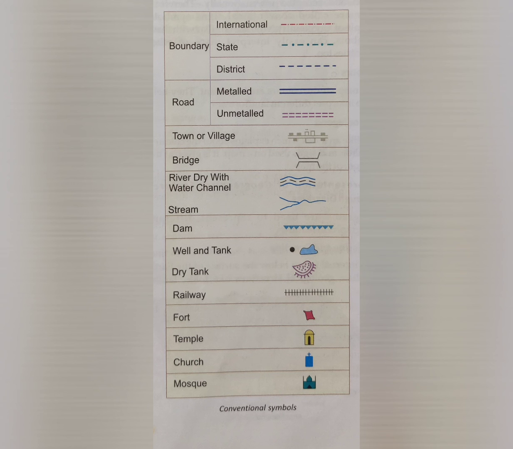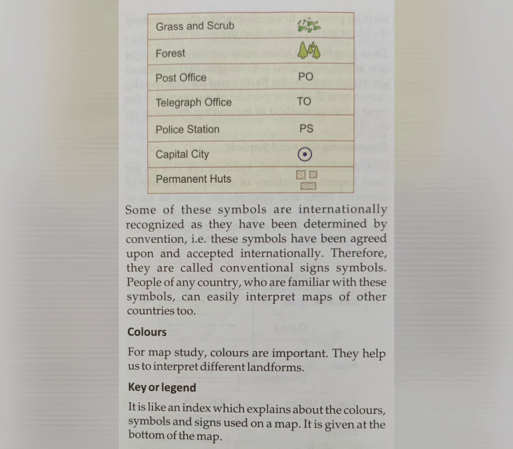These are called conventional symbols. Now, grass and shrubs, forest, post office represented by PO, telegraph office represented by TO, police station with PS, capital city represented by a circle with a dot in the center, or permanent huts.